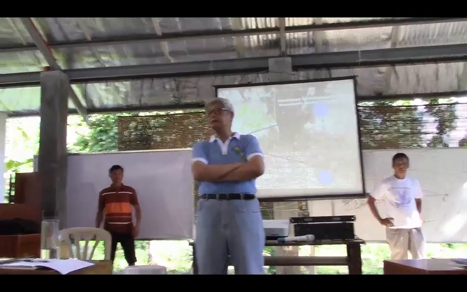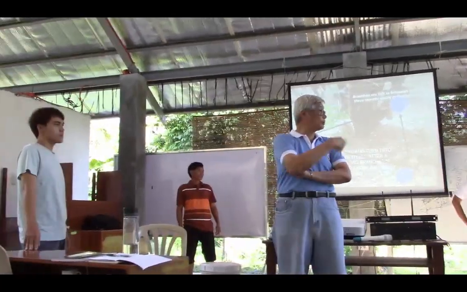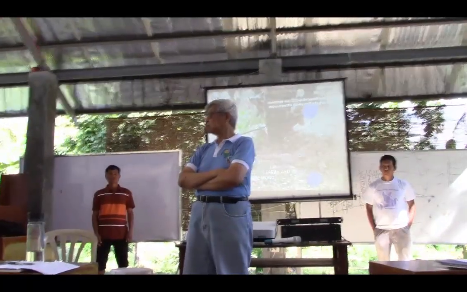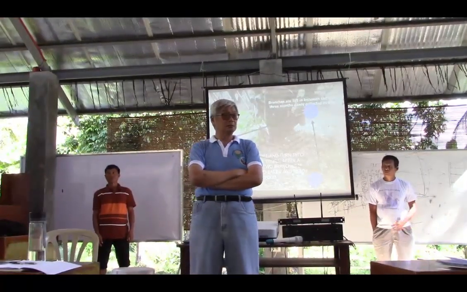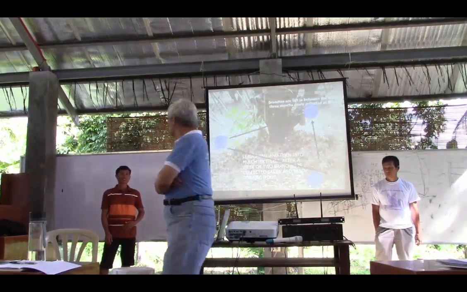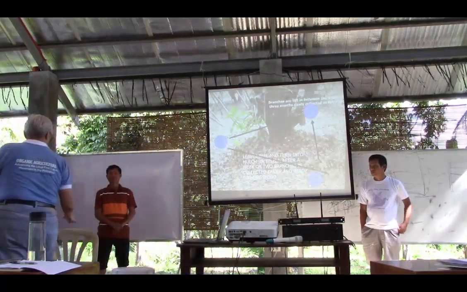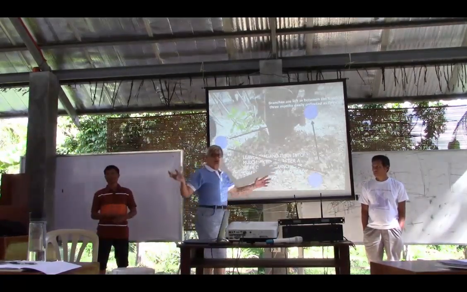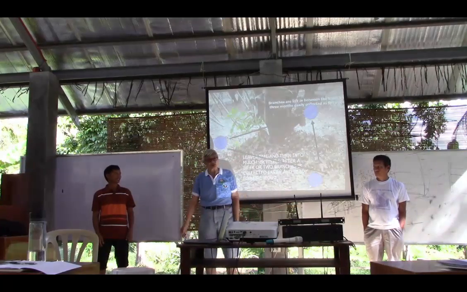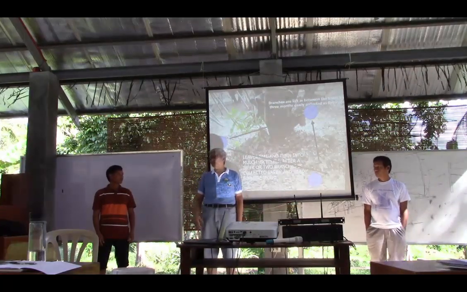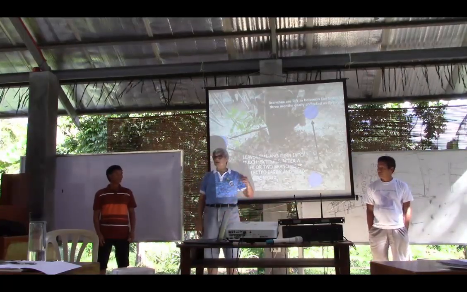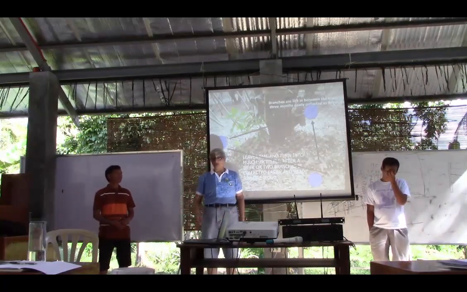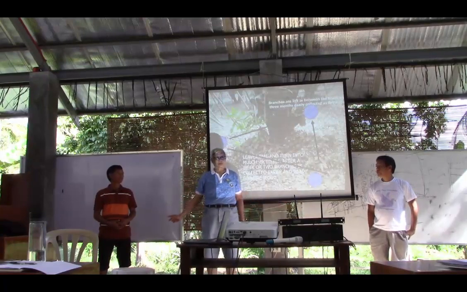Usually, when you plant trees, you do it this way, right? We call this quadrado or square. Most of the time, this is the system of planting trees: fruit trees, even banana, even papaya, even vegetables. It's always square.